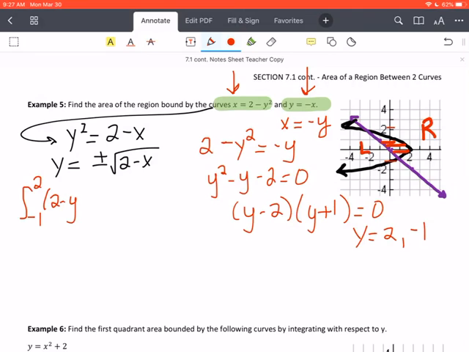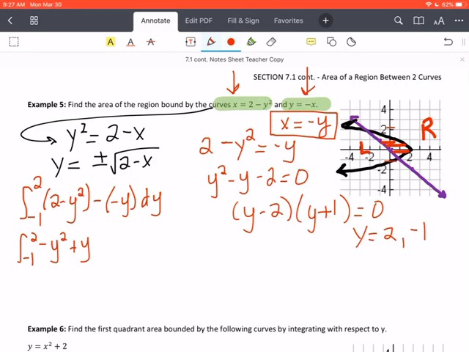They have to be written in terms of y. And then subtract this function here, because it has to again be solved for x, so minus y dy. Then I clean things up, -1 to 2, of -y squared plus y plus 2 dy.